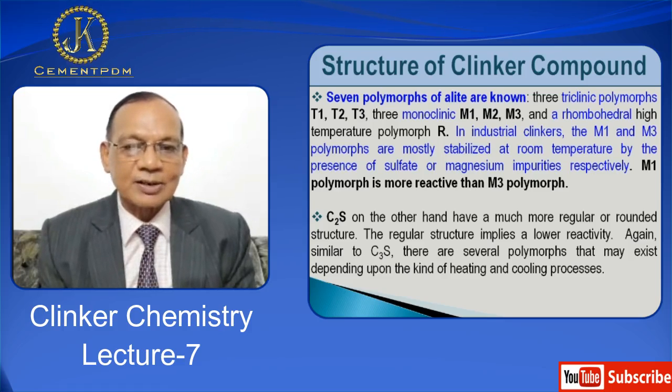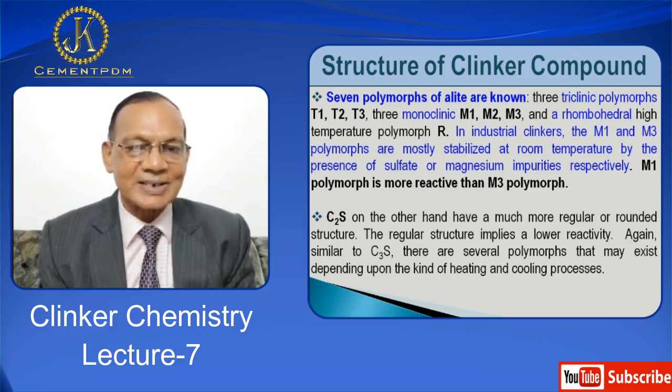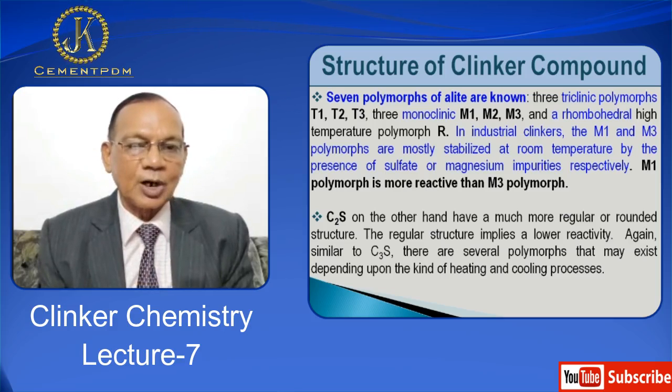3 triclinic polymorphs, T1, T2, T3, 3 monoclinic, M1, M2, M3, and a rhombohedral high temperature polymorph R. In industrial clinkers, the M1 and M3 polymorphs are mostly stabilized at room temperature by the presence of sulfate or magnesium impurities, respectively.